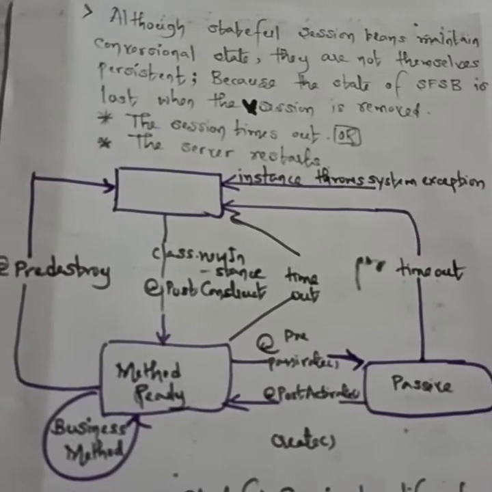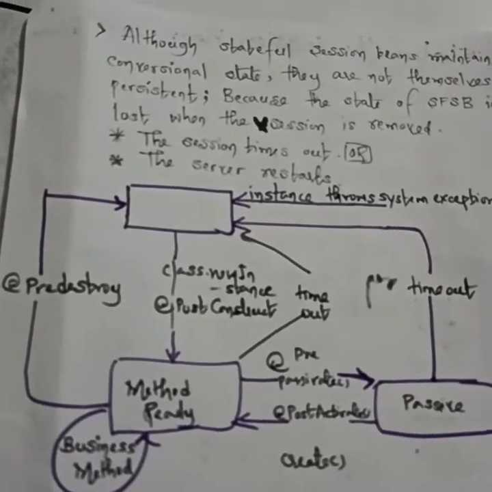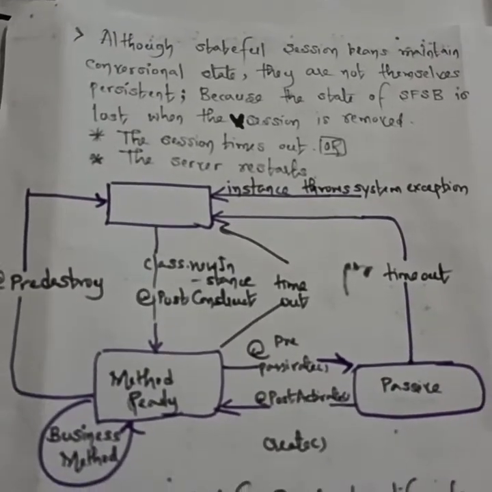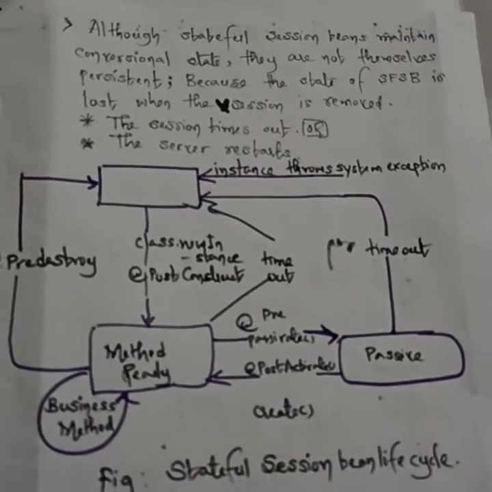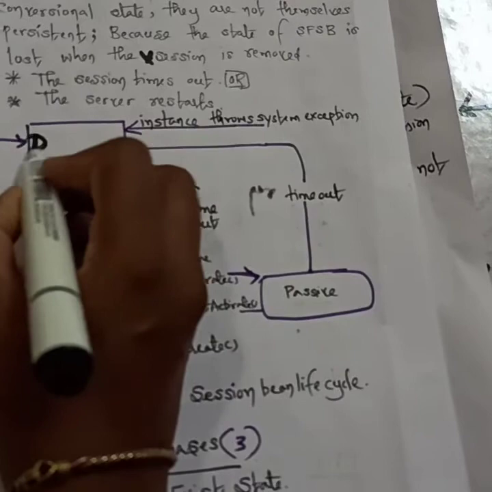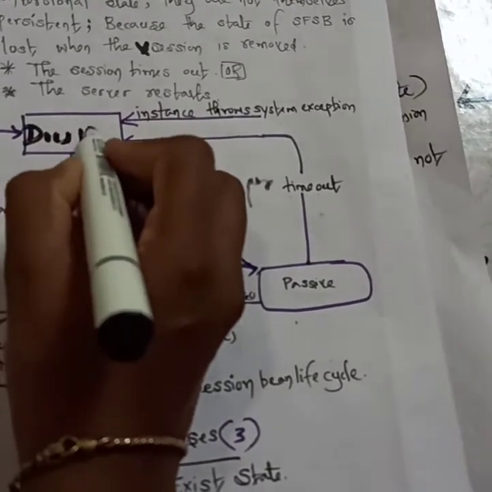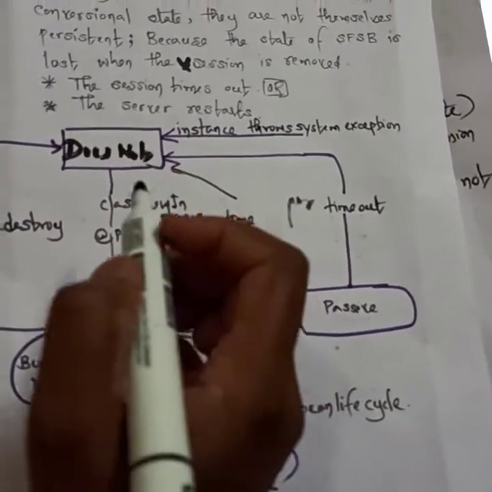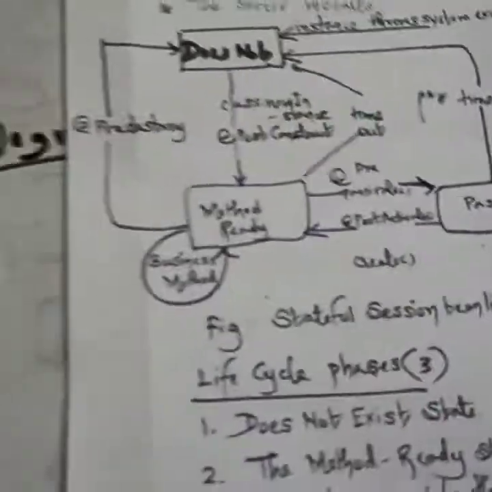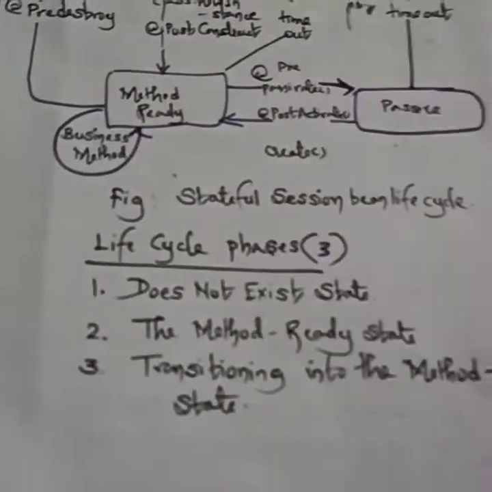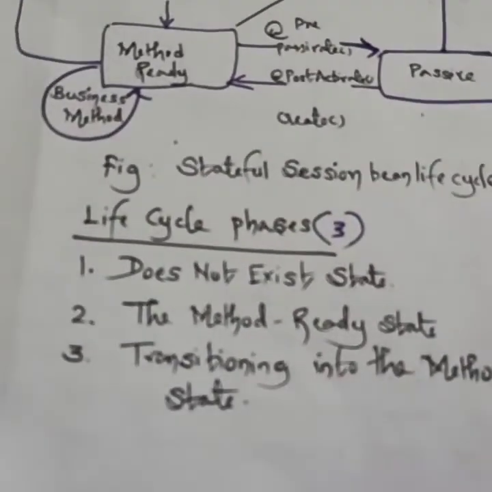When the server restarts for some reason, the previously running programs are removed from the EJB container. Okay, this is about the behavior of the stateful session bean. Next we'll move to the life cycle of a stateful session bean.